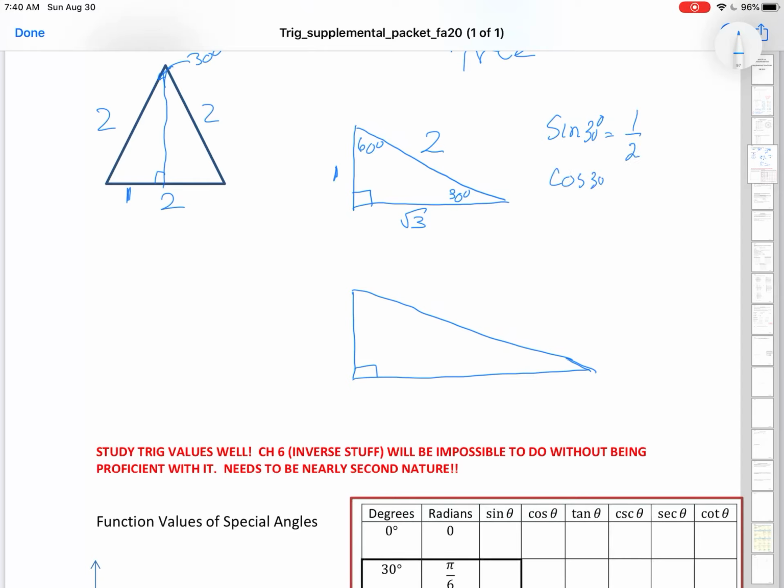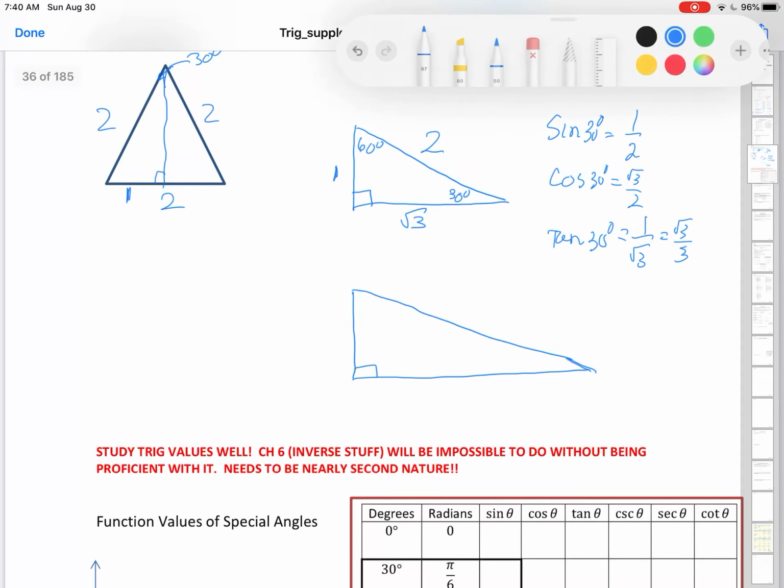Cosine of 30 degrees is adjacent over hypotenuse. And tangent of 30 degrees is opposite over adjacent. And then we would just flip them to get the other 3 that are in there. Okay, so that's one of the triangles.